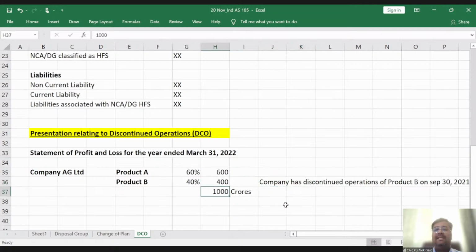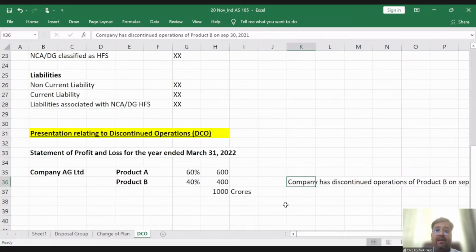So normally the company sale is 1,000 crores, with the 60-40 proportion. Since the company has discontinued the operations of product B on 30th September, it means the company has sold goods related to product B only for half of the year. So in the current year, 2021-22, 600 crore sale was for product A and 200 crores sale was for product B. The total is 800 crores, right?